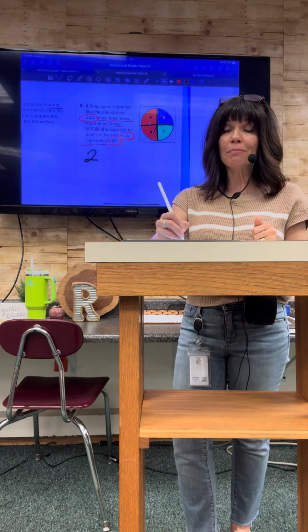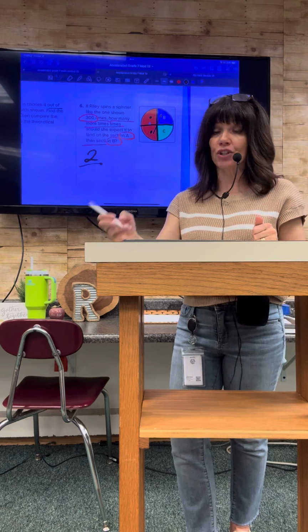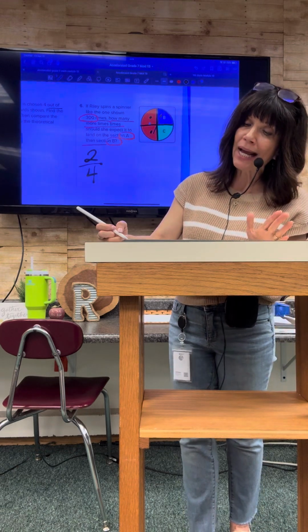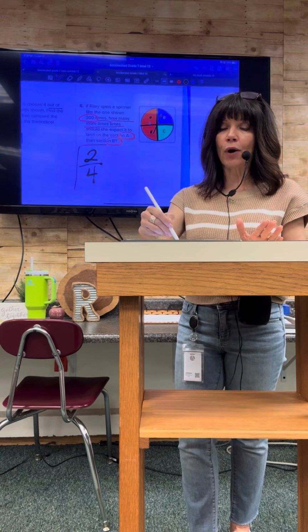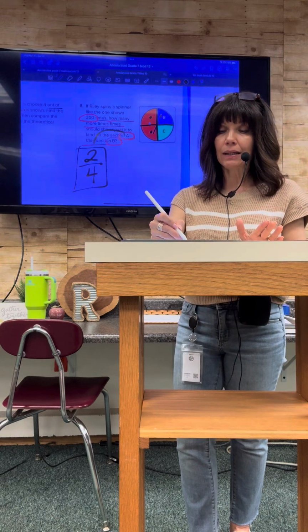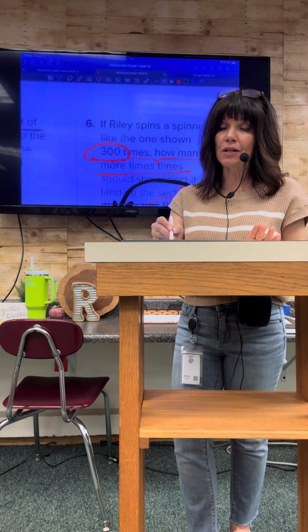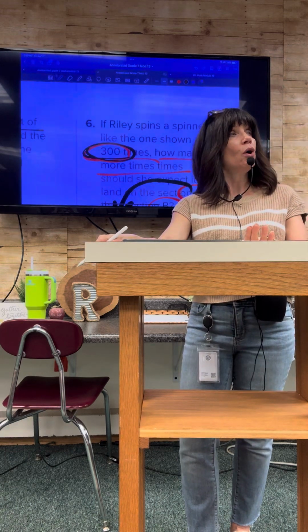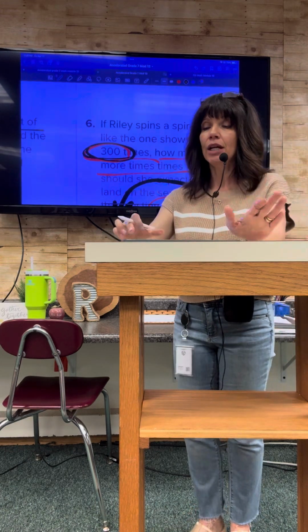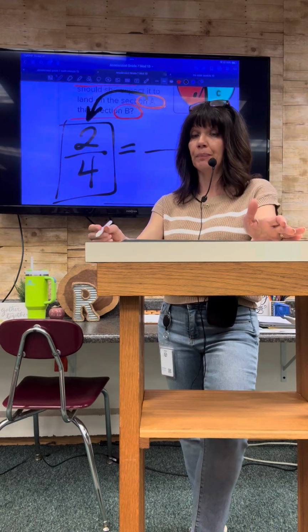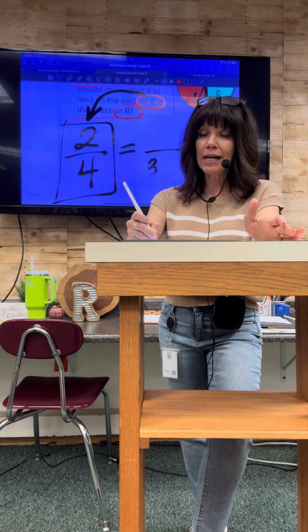Out of how many equally sized sections? 4. Excellent. Now compare the ratio for A happening to the total number of spins they want you to compare it to. What is that total number of spins? 300. Where do I always put the number for the total? Top or bottom? Bottom. So 300.